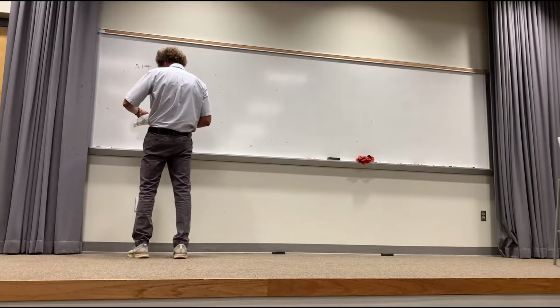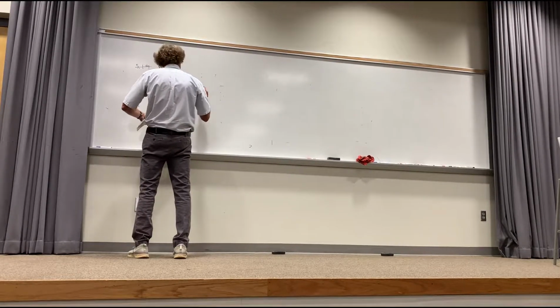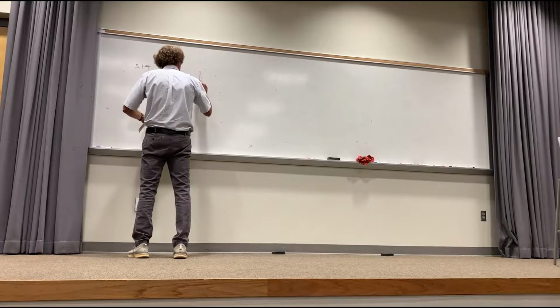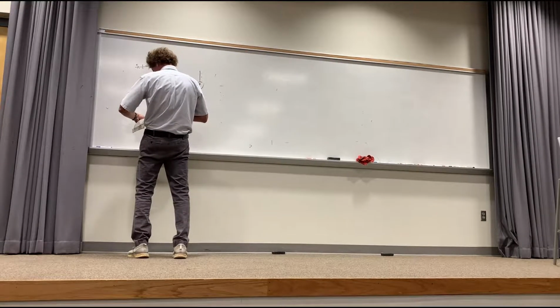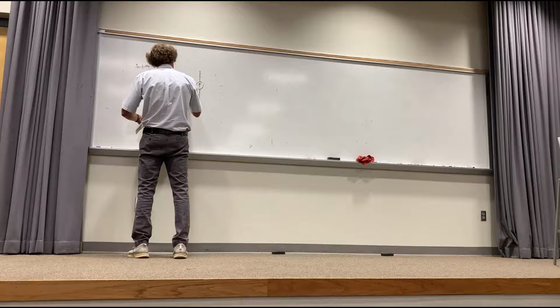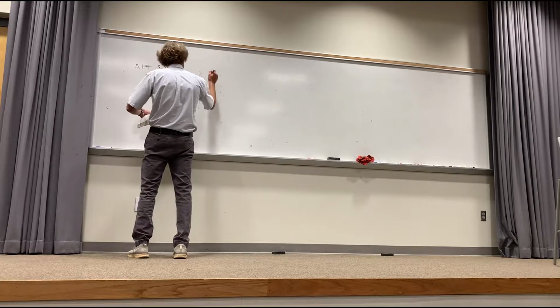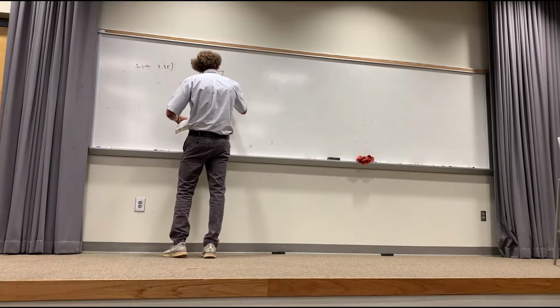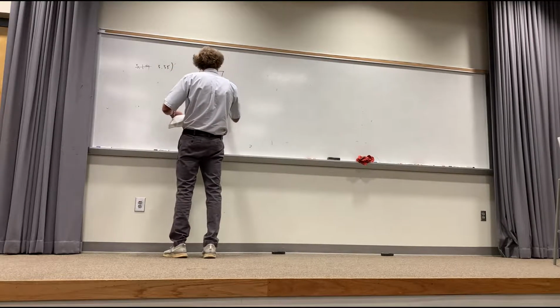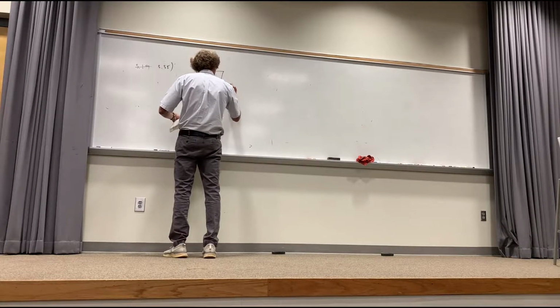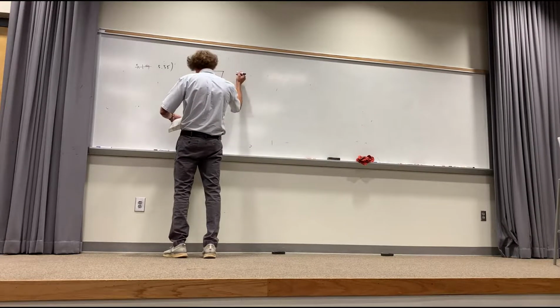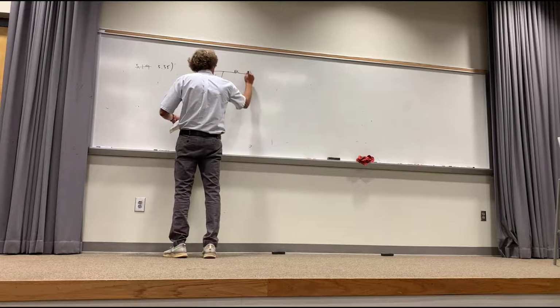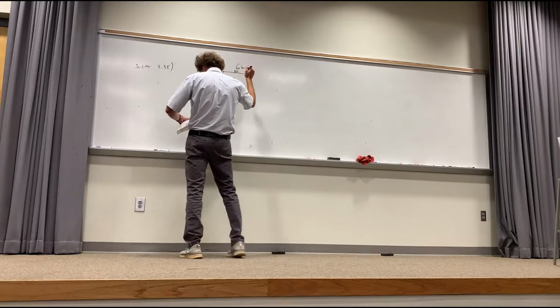Here, you have a current this way, and it's 100 milliamps. Then you have a switch here, and the switch closes at t equals 0. Then you have a resistance of 6 ohms.